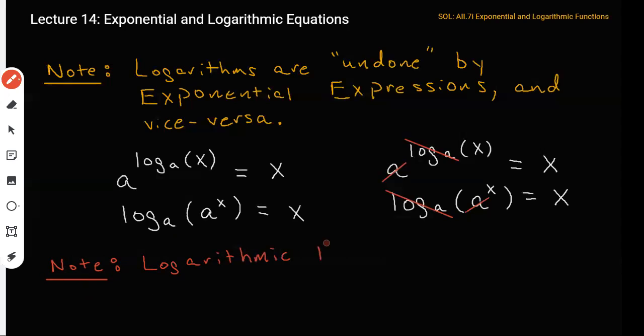Logarithmic functions and exponential functions are inverses of each other.